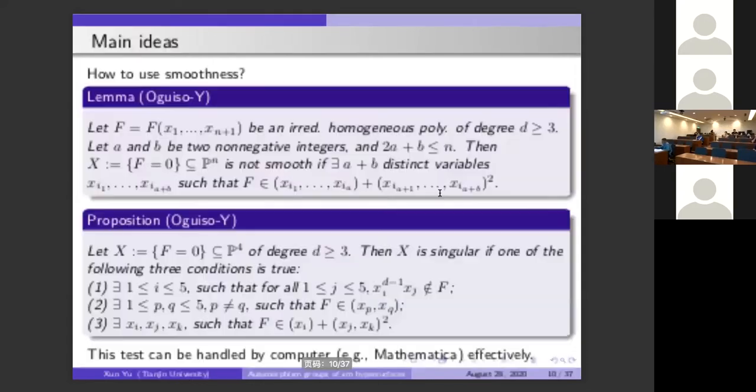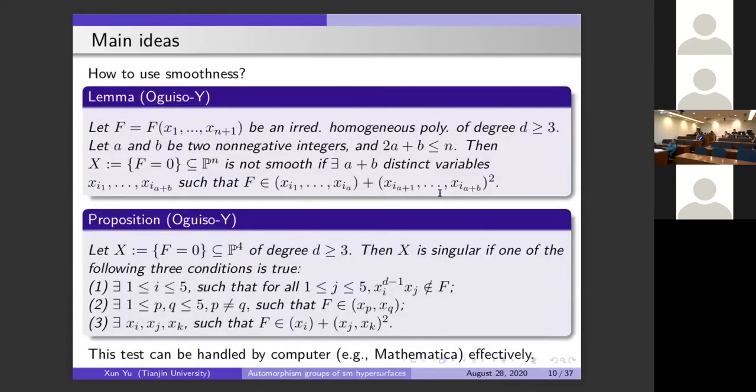Okay, so then I would like to explain the main ideas of the classification. First of all, one important thing is how to use the smoothness condition.